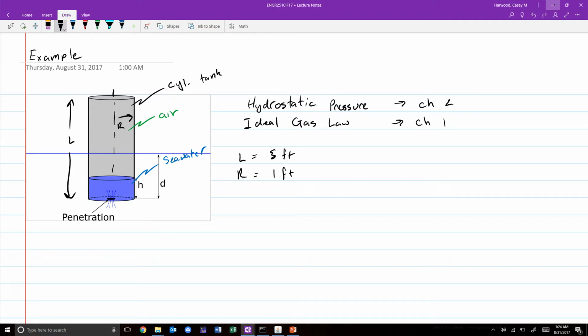And as shown here, we're going to assume that when it first begins its dive, it has a depth equal to 0.5 feet, and also a height of water within the tank of 0.5 feet. So unlike this picture here, if we can imagine getting rid of this water surface when both D and H are equal to 5 feet, that would look something like this, where the surface of the ocean is in line with the water level at the top of, or within the tank.